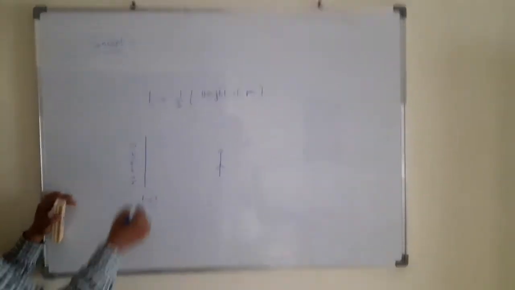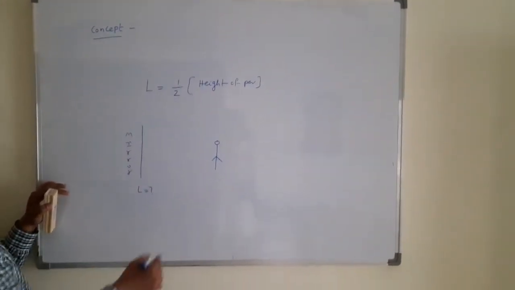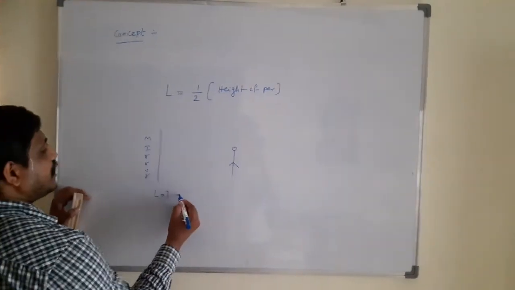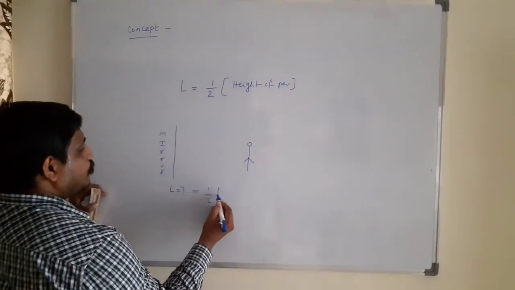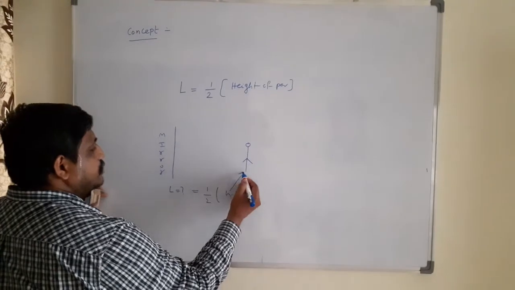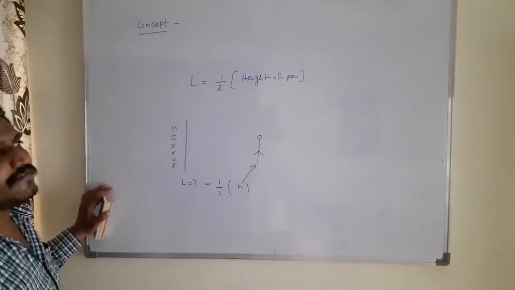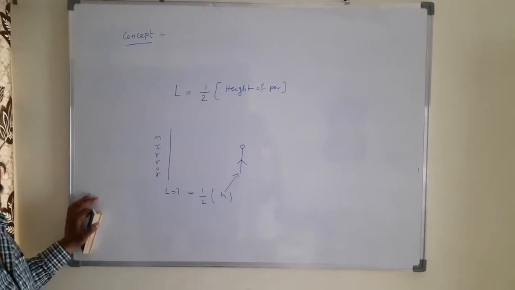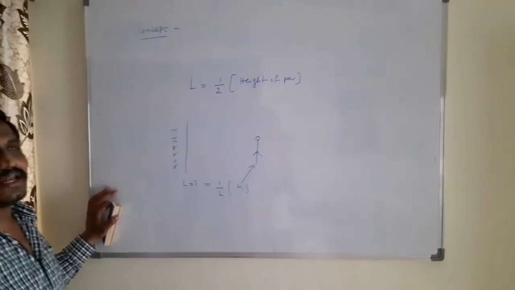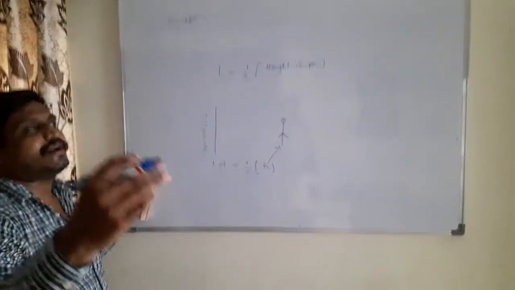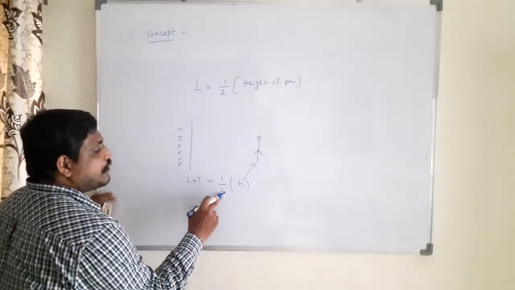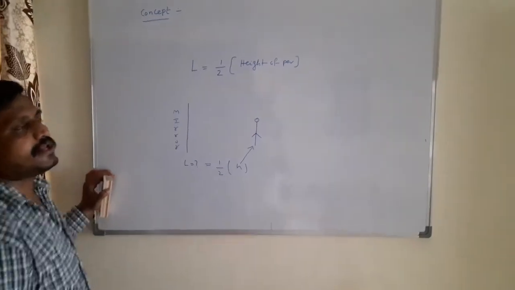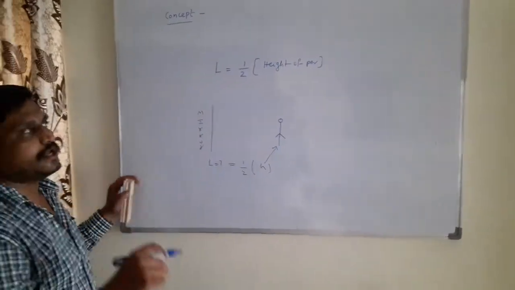The direct formula I give is 1 by 2 of h, where h is the height of the person. For example, if the height of the person is 2 meters, what is the length of the mirror required? L equals half into height of the person, 2 cancels. The length of the mirror required is 1 meter.